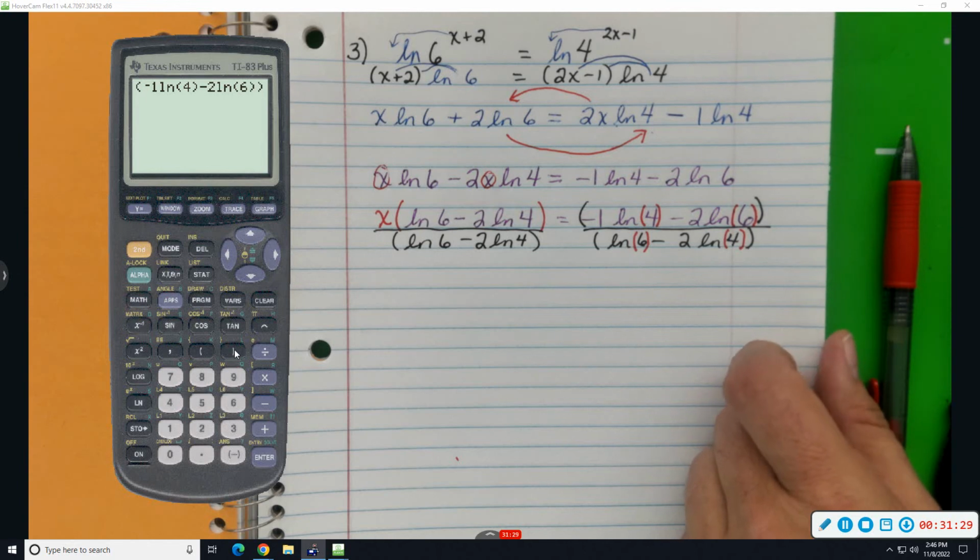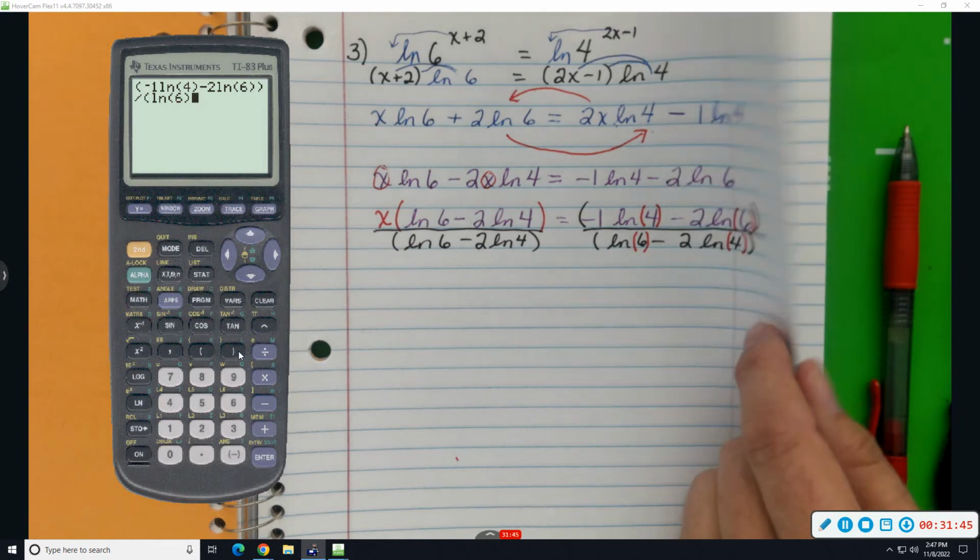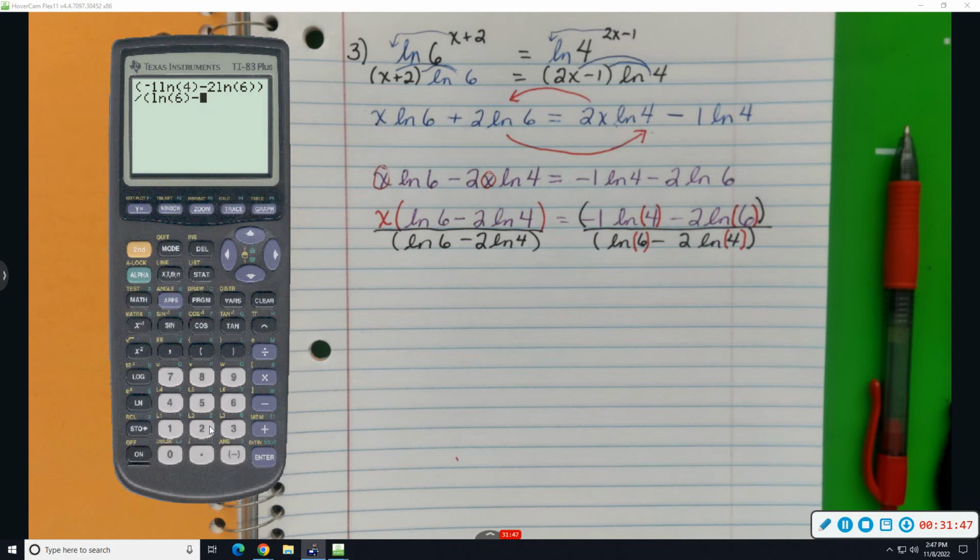Close, close. If I don't put both of these sets of parentheses here, I'm going to get the wrong answer. Divided by parentheses ln 6, close. Then a -2 ln 4, close, close.